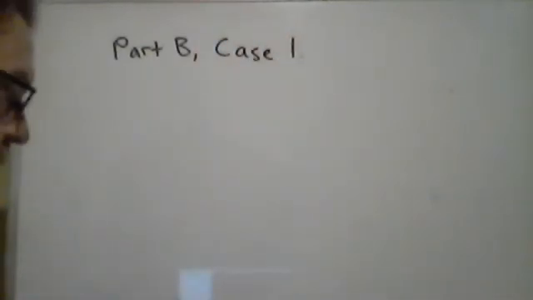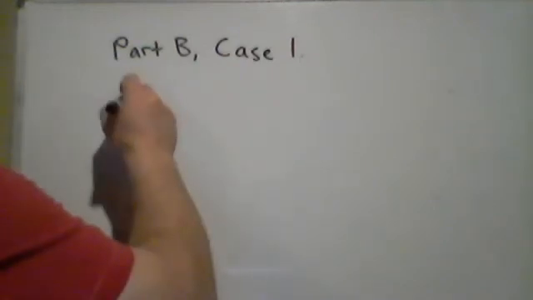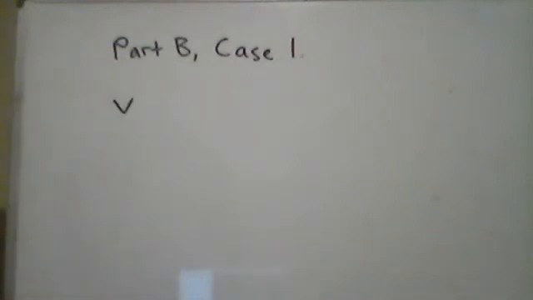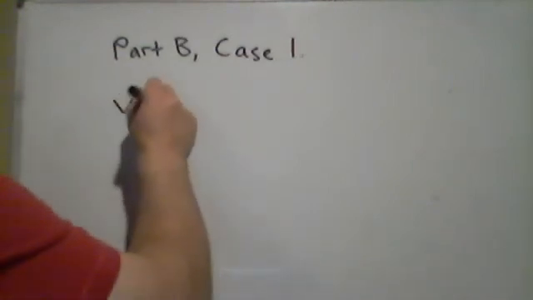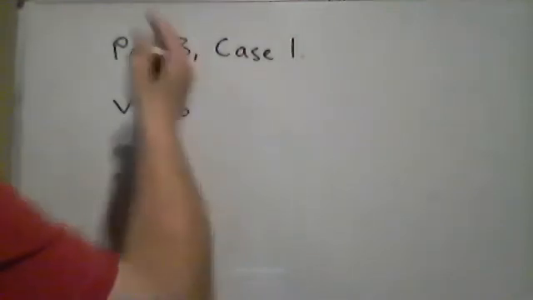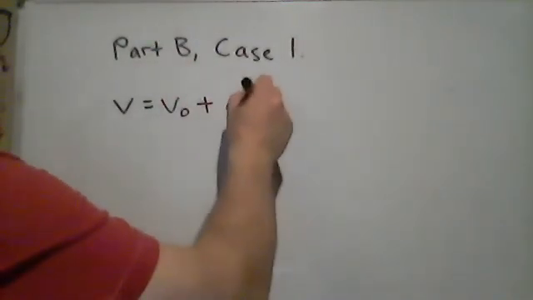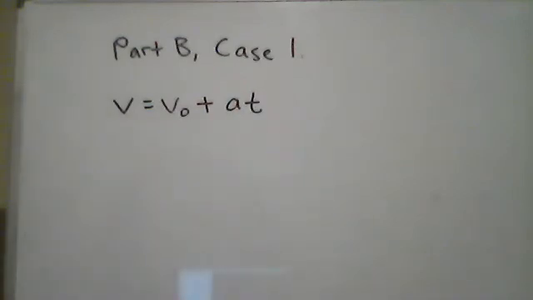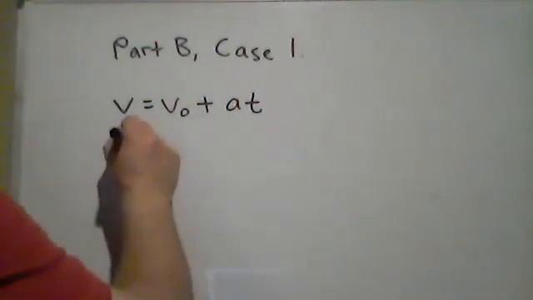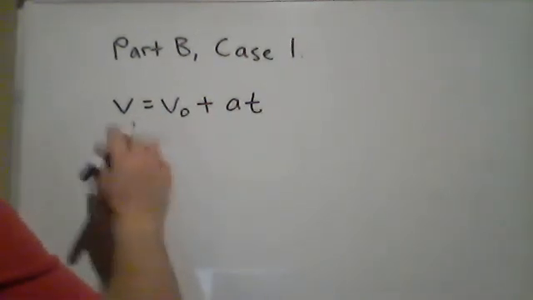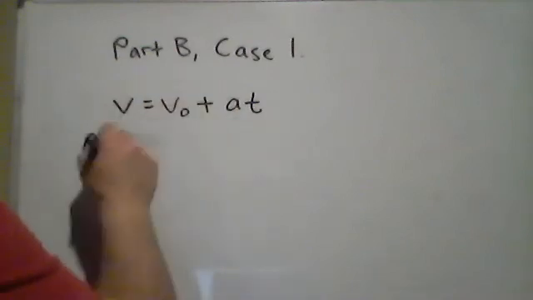Again, this is a chapter 2 concept, kinematics, but the thing to keep in mind is that velocity is equal to initial velocity, which is a constant, plus acceleration times the time. This is a y equals mx plus b relationship. This is your y, I'm just giving you an algebra equivalent. This is a linear relationship.